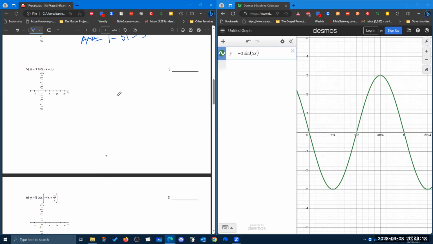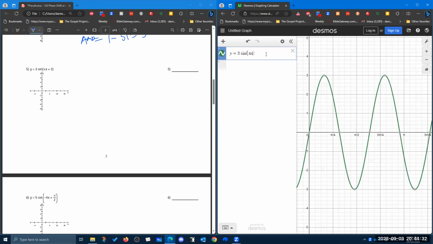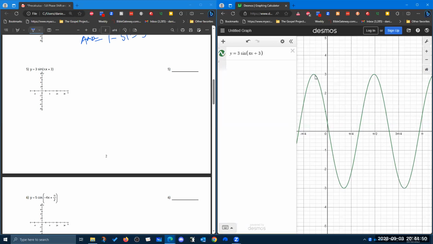We have a couple more examples here. Let's make this 3 sine of pi x plus 3. And that doesn't look exactly like a sine or a cosine graph because of its phase shift. It looks a little closer to a negative sine graph. But let's deal with it like it's a cosine graph, like it got shifted 3 over pi units to the left here.